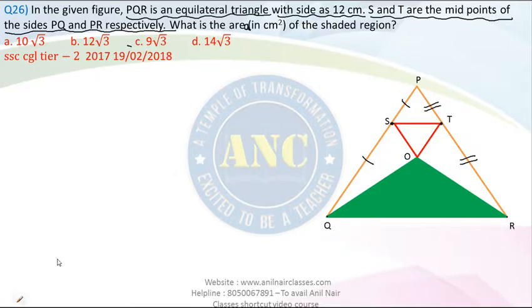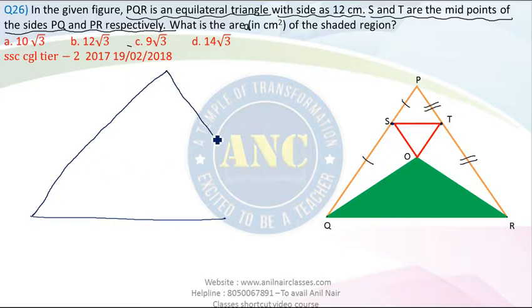Now, it is also a very easy question, but a very beautiful question at the same time. Can I say that S and T are the midpoints? Let me write the diagram if you really want me to, so that we make S and T midpoints of the two sides PQ and PR.